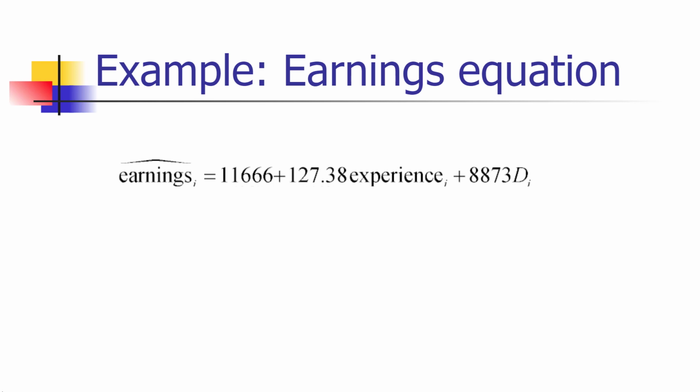And what that's telling us is that in this equation, the female intercept would be $11,666. The male intercept, though, would be 11,666 plus 8,873. And if we wanted to test whether there's a significant difference, we would just perform a t-test on the coefficient multiplying the dummy variable. And that's basically all you need to do to test for a difference in the intercept of an equation.